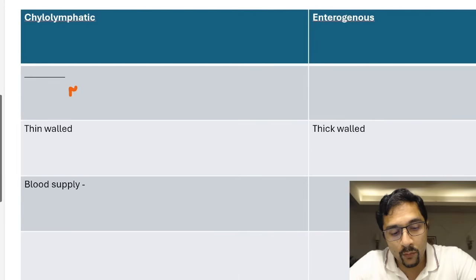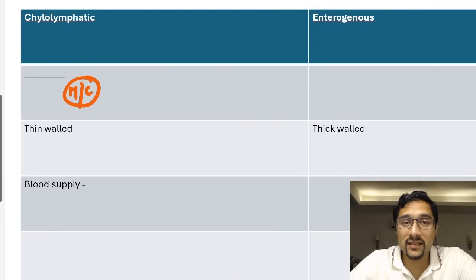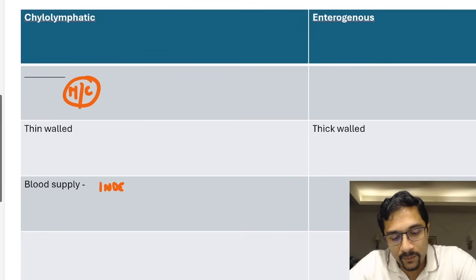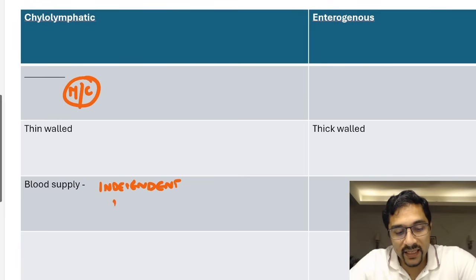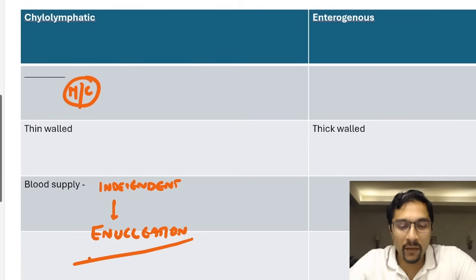Chylolymphatic cysts are the most common, and this is nothing but sequestered lymphatic tissue. Chylolymphatic cysts have independent blood supply, and that is why enucleation can be done, because I am not disturbing the blood supply of the bowel.